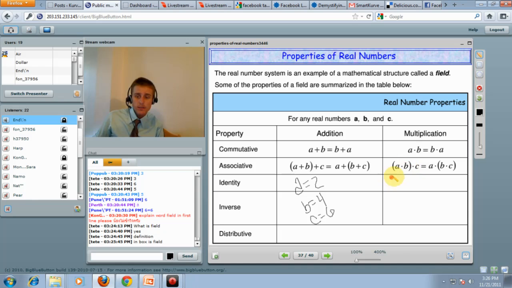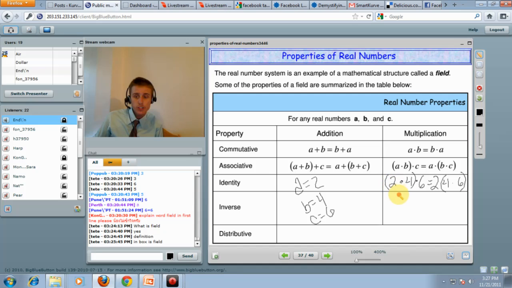A times B, 2 times 4, times 6 equals A times 4 times 6. If we plug in numbers for these letters, what this property states is they will be the same thing.